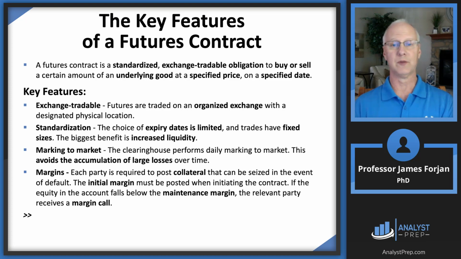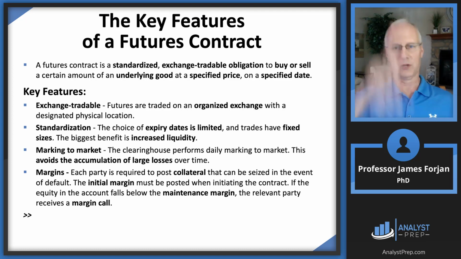Another key feature is the marking to market. So there is a winner and a loser declared at the end of the day, and the losing individual or entity has to pay the winning individual or entity over time. And we do this on a daily basis so that the losses tend to be more palatable and manageable. Let's just think about it. If you waited 3 or 6 or 12 months in order to settle, and think about the price of gold and the price of oil and interest rates over time.